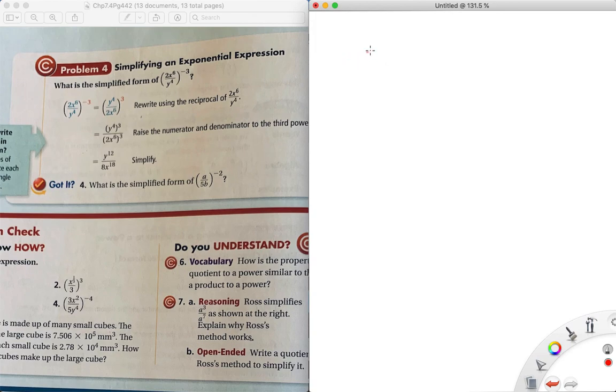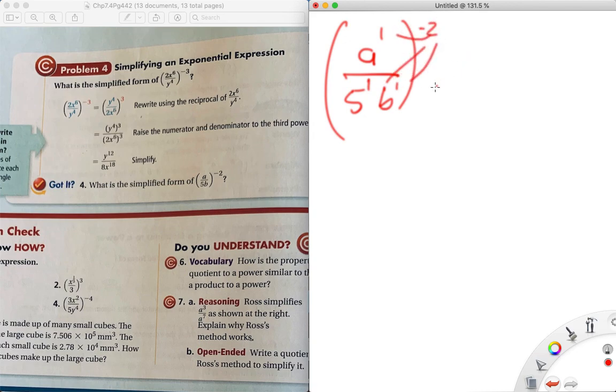So, next we have a, I'm going to say it's raised to the first power, 5, again raised to the first power, b raised to the first power. And I'm multiplying it times -2. So -2 times 1 times 1 times 1. So that's a to the -2 over 5 to the -2, b to the -2.